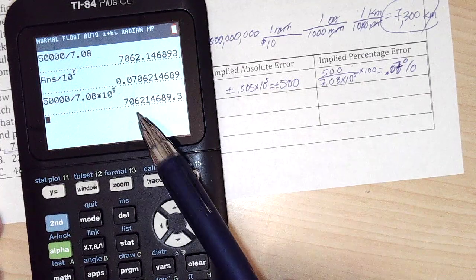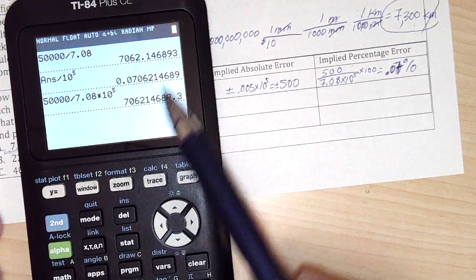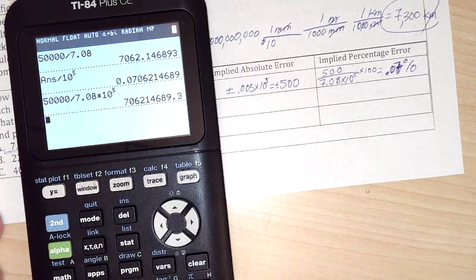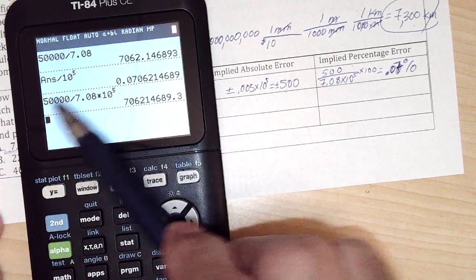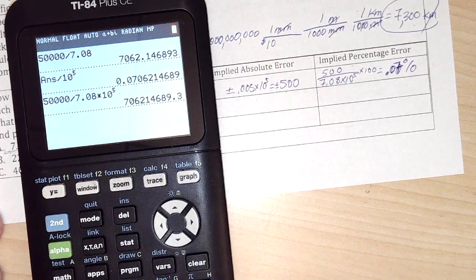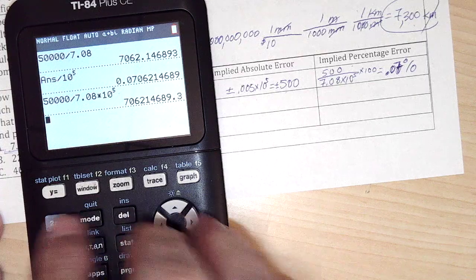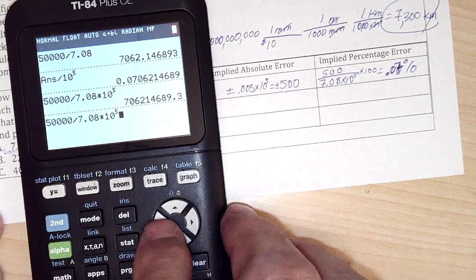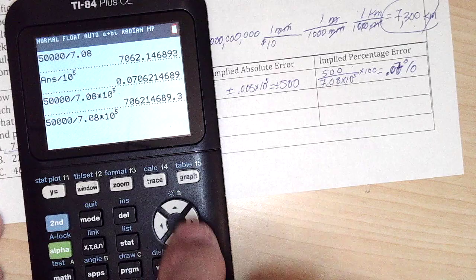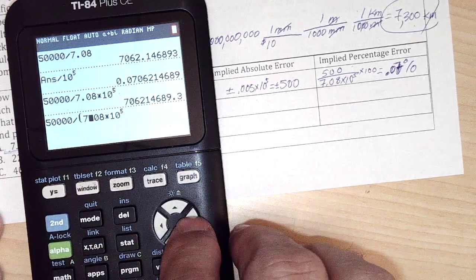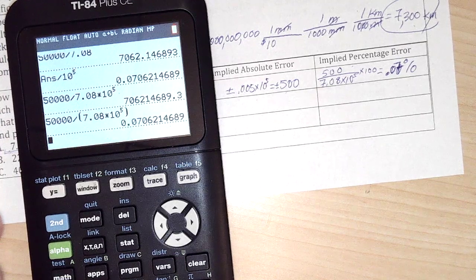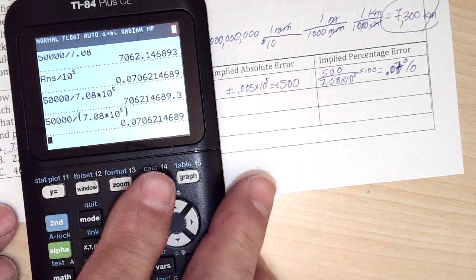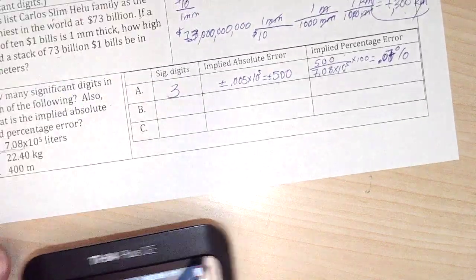We got a way bigger answer than this, because it divides the 50,000 by this number and then multiplies the answer by this, and we're supposed to be dividing by that. To do this correctly, we would want to put parentheses around what we're dividing by. If you don't put the parentheses, you're going to get a really wrong answer, 10 to the 10th times bigger than the right answer.